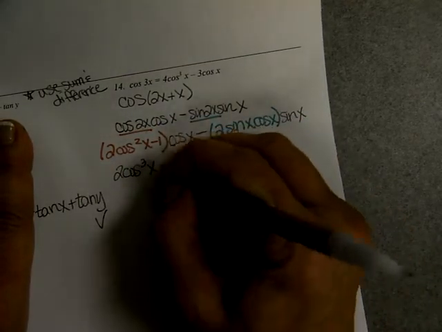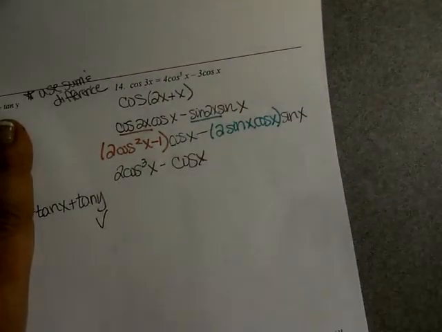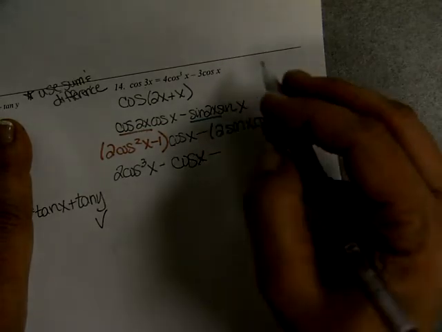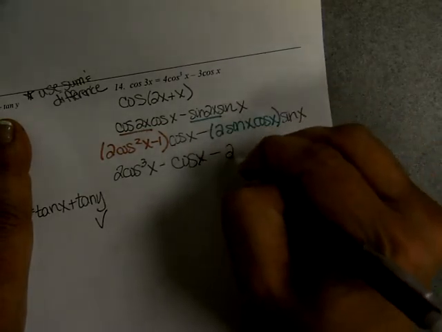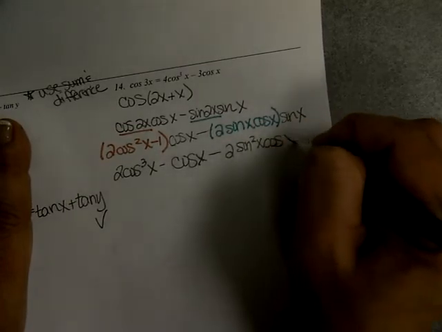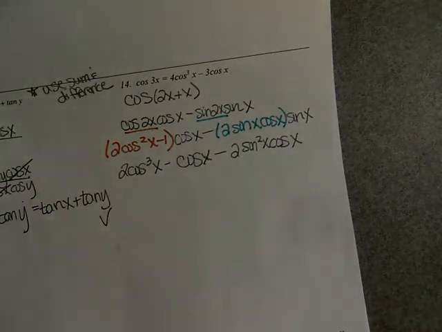Just kidding, you're not distributing the 2. 2 cosine cubed x, then just minus cosine of x. And then over here, I've got 2 sine squared x cosine x. Okay, so it's looking a little bit better.